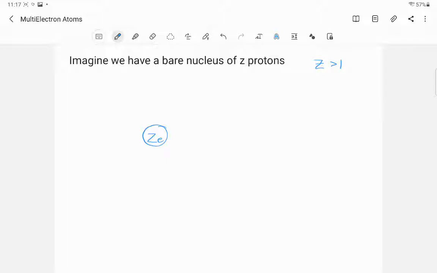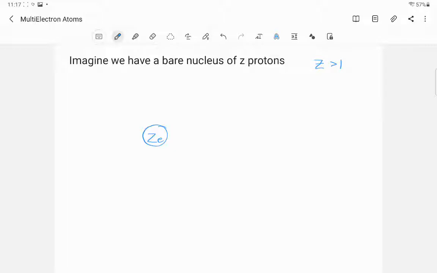Because it's not like they ignore each other. There's electron-electron repulsion. But we can use a lot of the structure and quantum mechanical thinking that we learned for single electron or hydrogen-like atoms to understand what it's going to be like for multi-electron atoms.